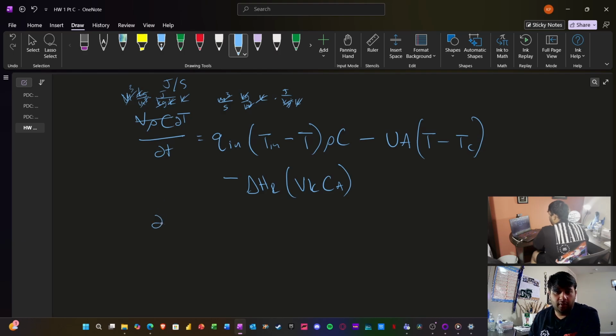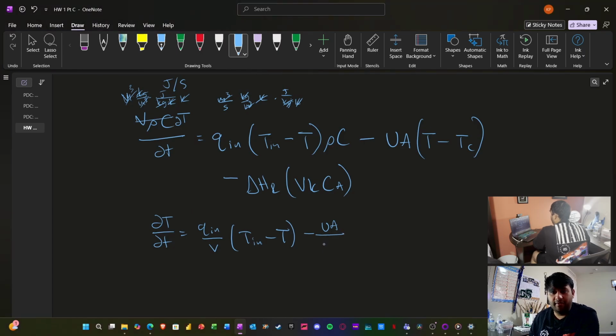So we're left with dT over dt, which equals, for this side, we get rid of our rho and C, so we have Qin over volume with Tin minus T, subtracted by, since we don't have any of these variables on this side, we're just going to divide this by all three, and then multiply this by T minus Tc.